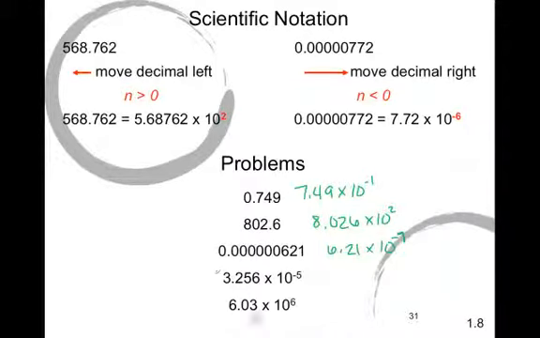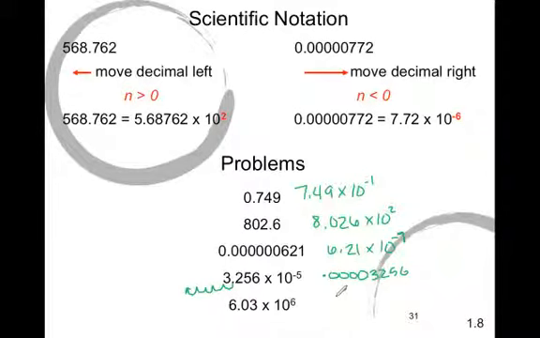Okay, these two let's write out in their decimal form. So this would be, we're moving the decimal which direction? To the left, right? 1, 2, 3, 4, 5. So we have point, 1, 2, 3, 4, yep, 4 zeros in front.